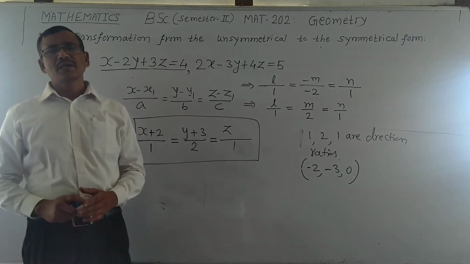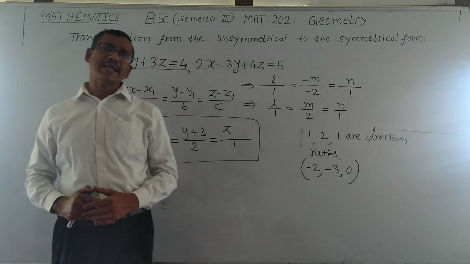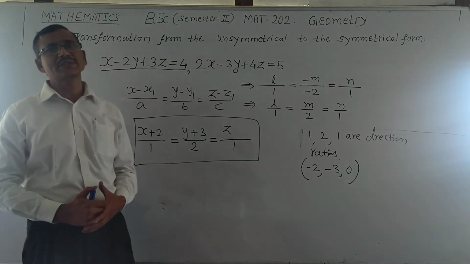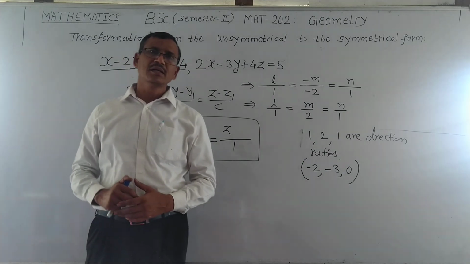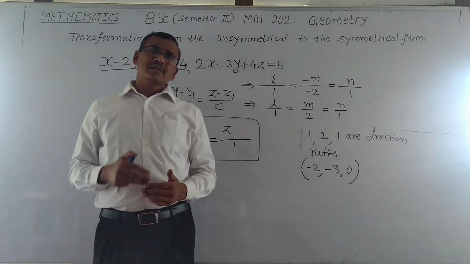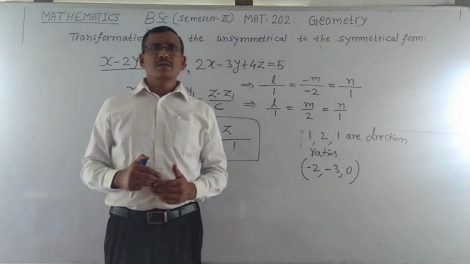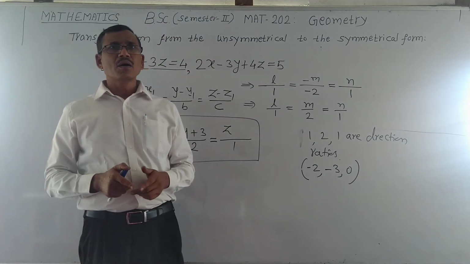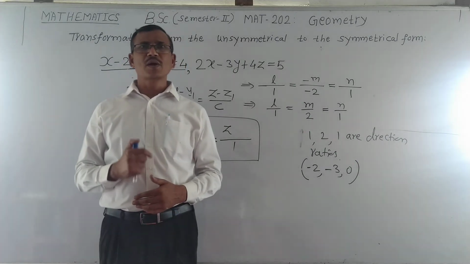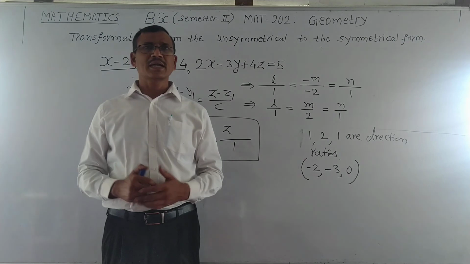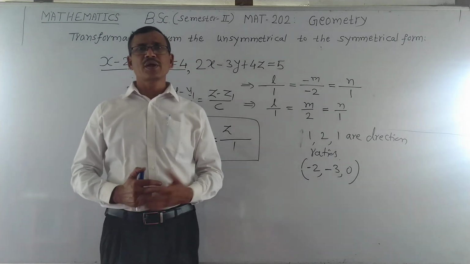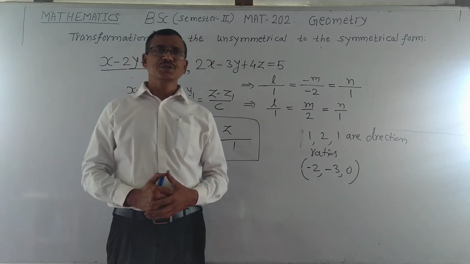For that purpose, you have to obtain the direction ratios of the given line and the coordinates of any one point which lies on the given line. But you have to remember that the line lies in the plane, and therefore it is perpendicular to the normal to the plane, and therefore using the condition a a1 plus b b1 plus c c1 equals 0, you can obtain the direction ratios.